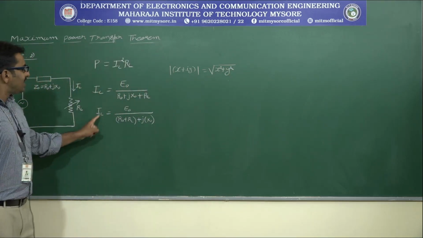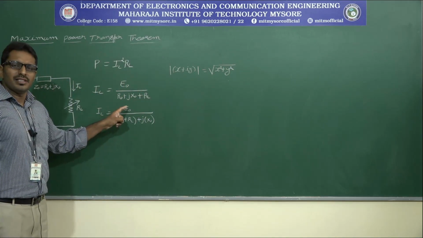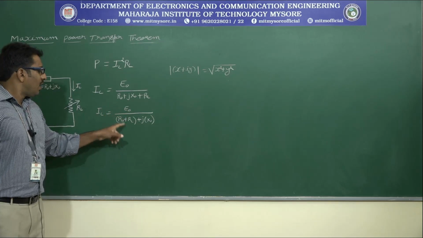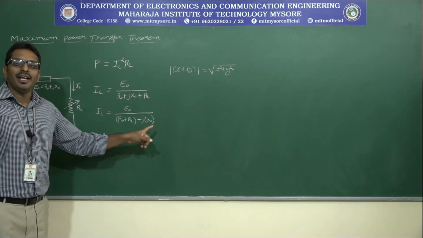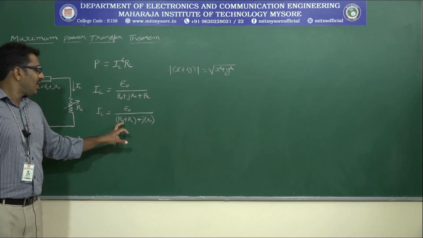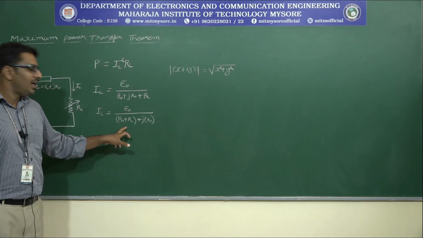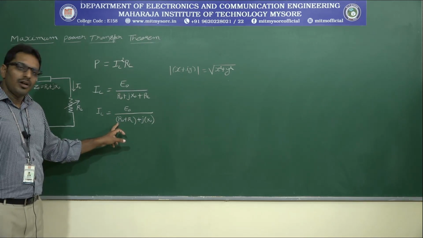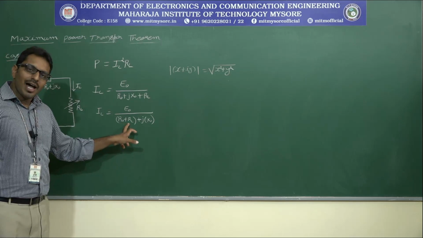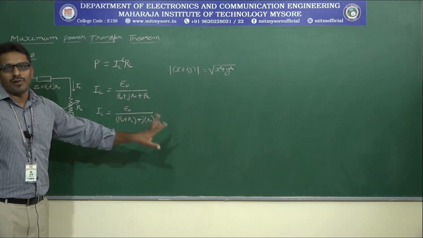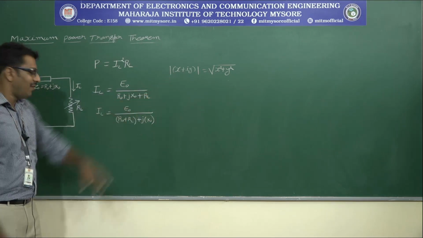Similarly, IL is equal to E0, that is the real value, divided by R0 plus RL plus j X0. How to calculate the magnitude of this denominator? Square root of (R0 plus RL) square plus X0 square, just like x plus iy.